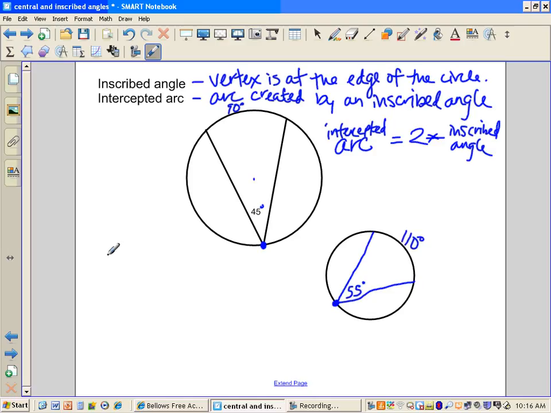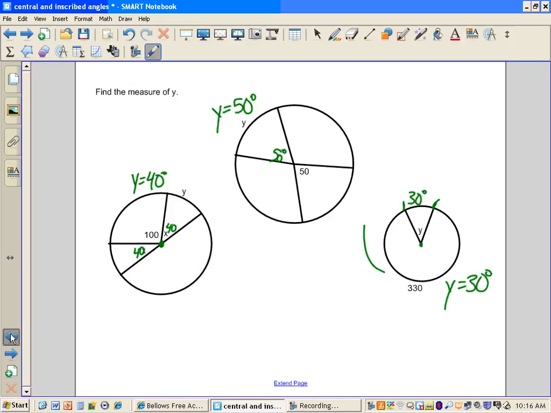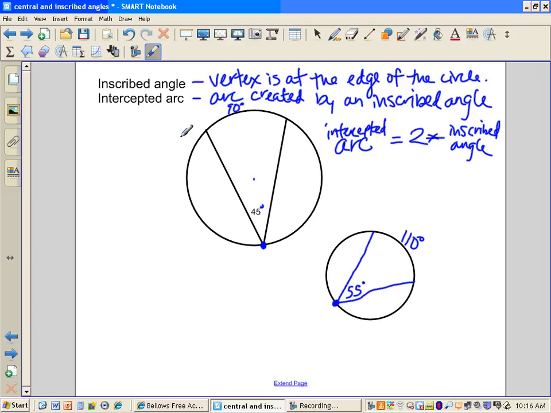Okay? The difference being, if you go back here, if the vertex is at the center of the circle, then they're equal. So we have a central angle and a central arc, maybe we could call it, versus an inscribed angle is on the edge and an intercepted arc. That's it. Good luck.